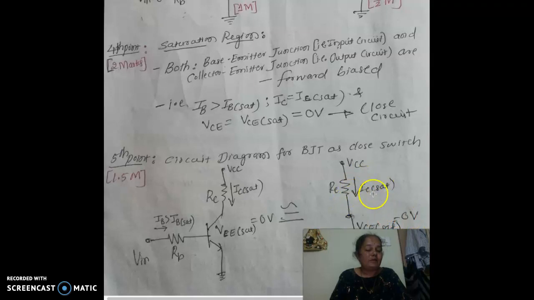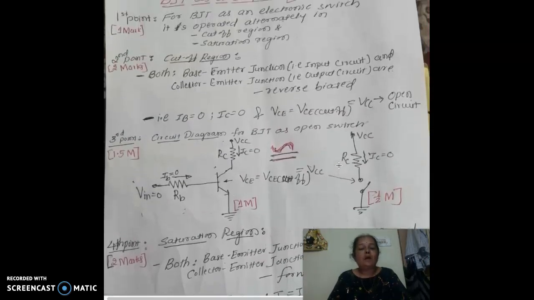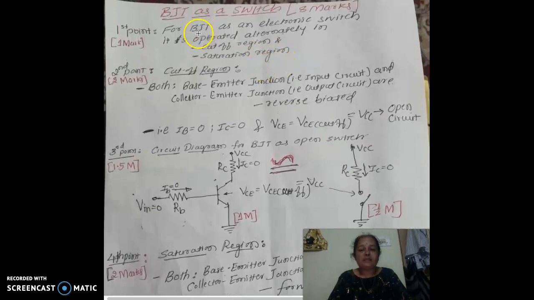Then the whole of the current will flow from this point to ground. If current flows, these two points are shorted, and it acts as a closed switch. This is how you have to explain how the transistor, that is the BJT, operates as a switch. Hope you have understood.